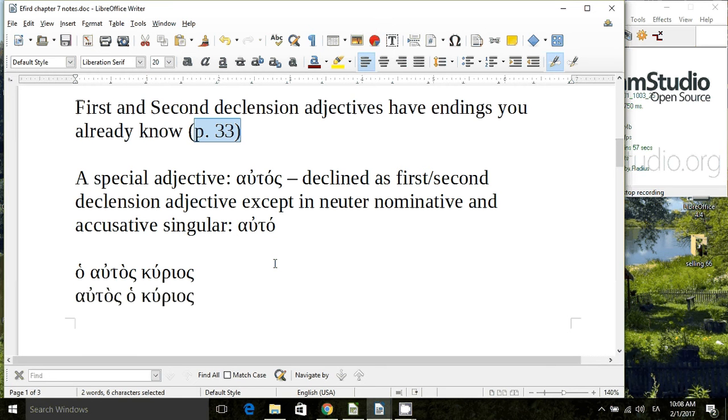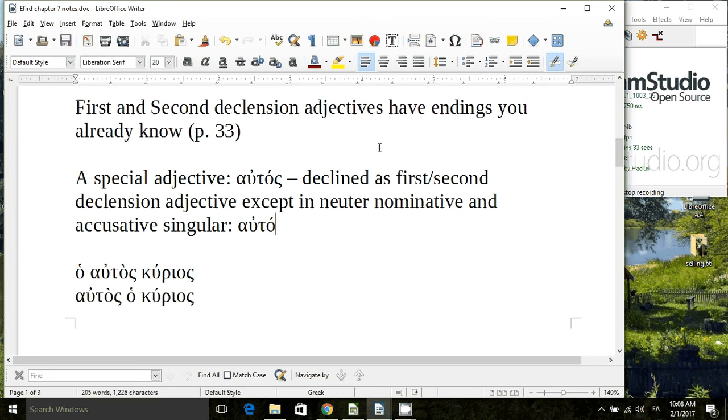Come to page 34, and we're going to learn about a very special adjective, autos. Its declension is normal, just like first and second declension adjectives, except it has a different neuter singular nominative form. And of course, in all neuters, the nominative and the accusative are the same. So instead of being auton, it's auto, with no nu on the end. Which actually helps because auton is the masculine accusative.